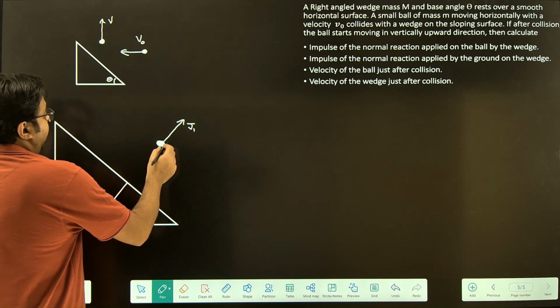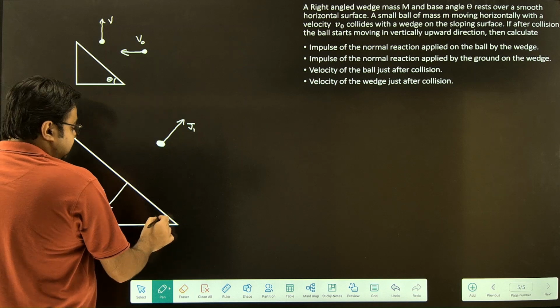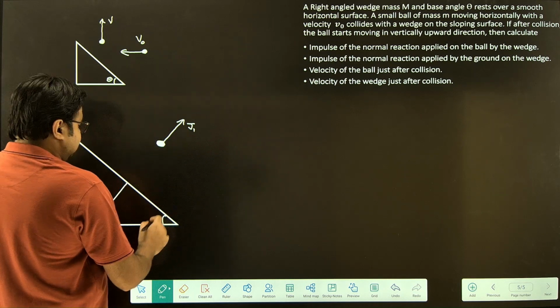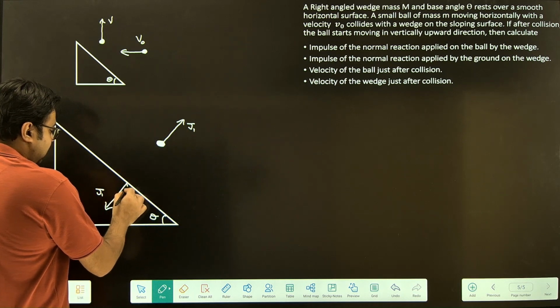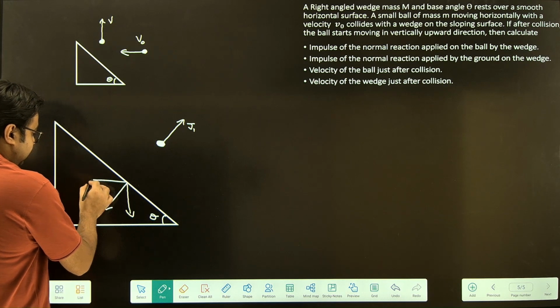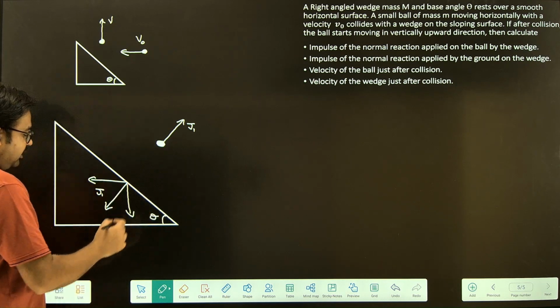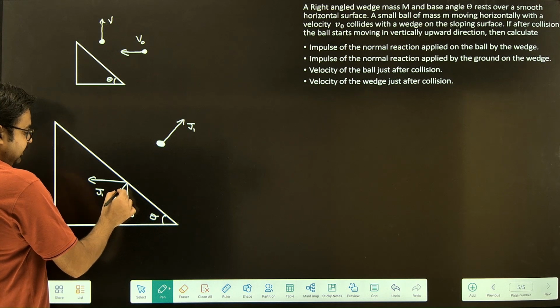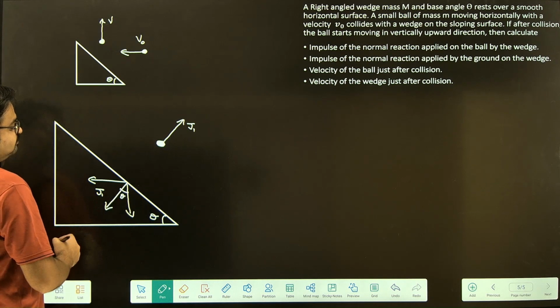Having understood this, the angle is theta. You can resolve these vectors into the x and y components. If this angle is theta, then this angle also is theta.